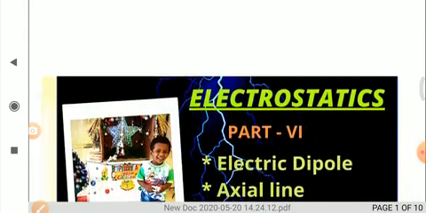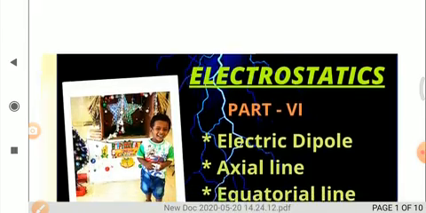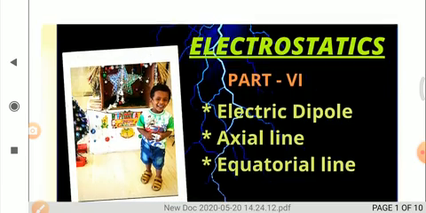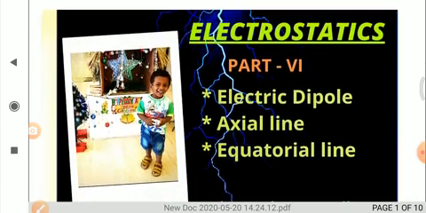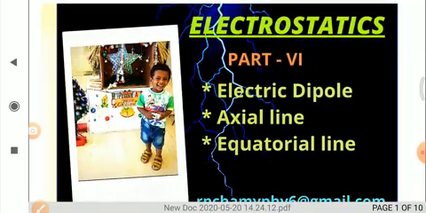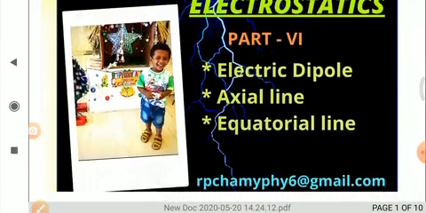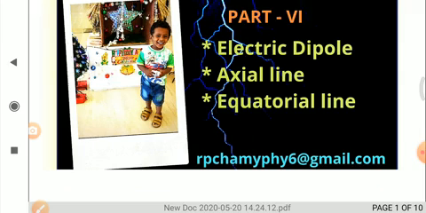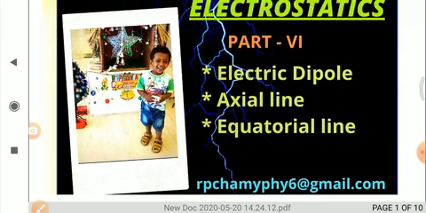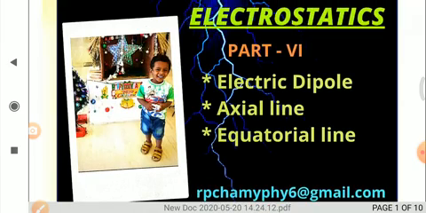In those 5 parts we have discussed the basic properties of electric charges, the historical background of electric charges, and what Coulomb's law is in electrostatics. Based on Coulomb's law, we discussed important results and how the force value changes according to the distance and according to the charges.